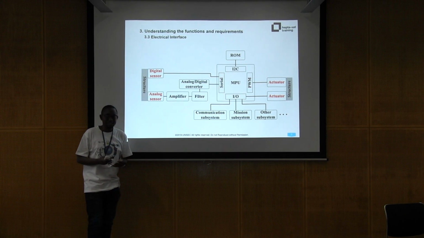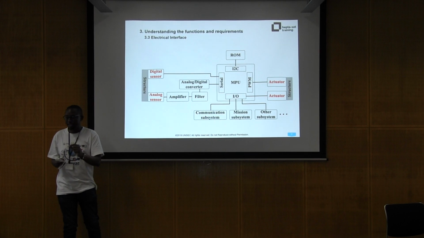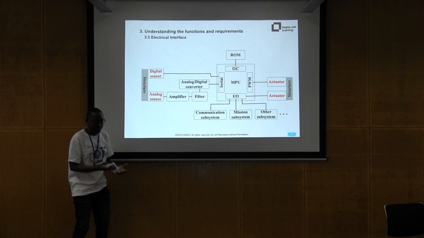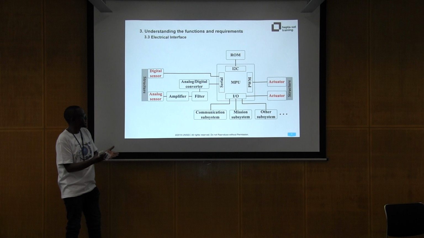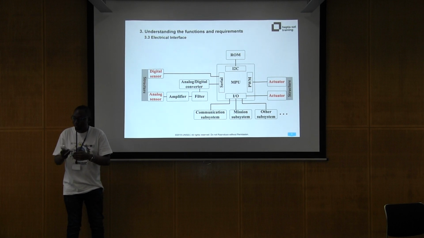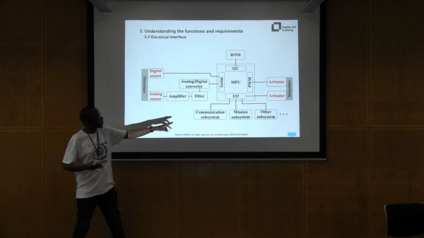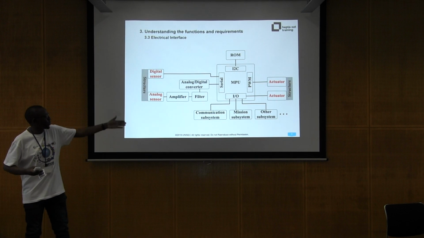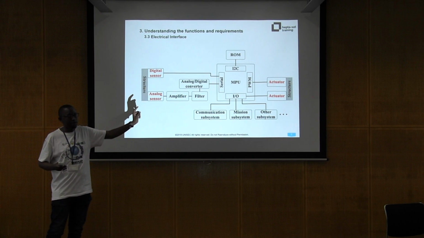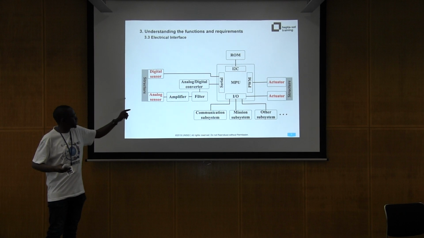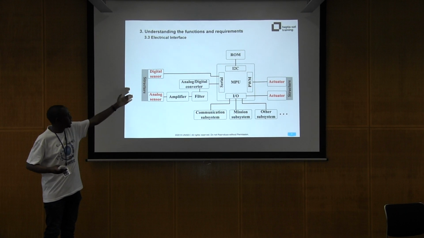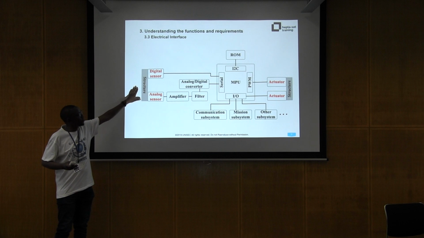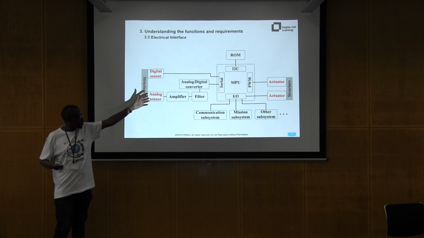But some analog sensors produce a very weak signal. So you need to amplify the signal, filter it, and also convert it to digital, because our microprocessor is digital. If it is digital, there's no need to convert. We connect straight with the serial.